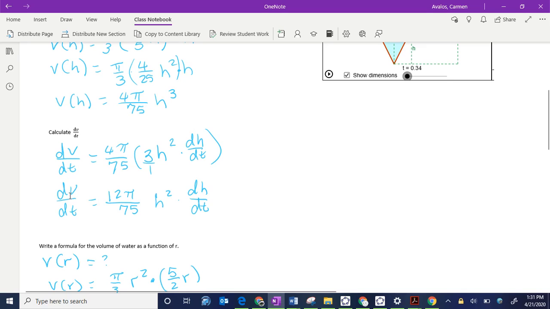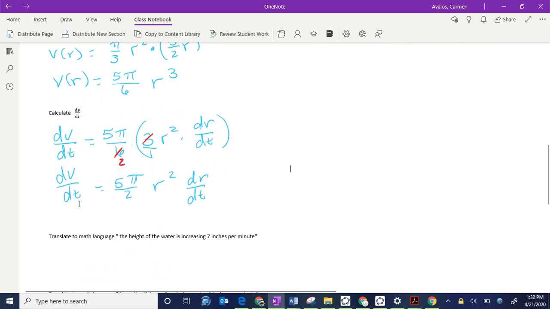You just need one unknown. So we treat this as a variable, this as a variable, and that as a variable. Same thing here. This is just a rate, this is a rate, and this is just the actual radius at that time.